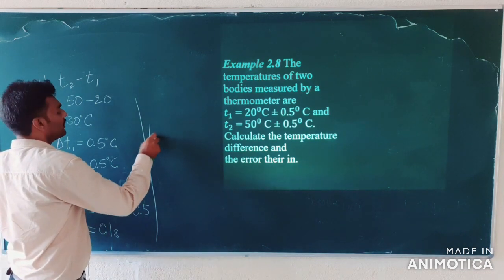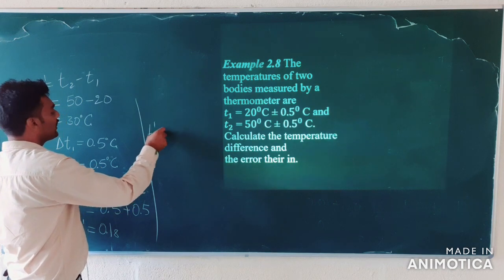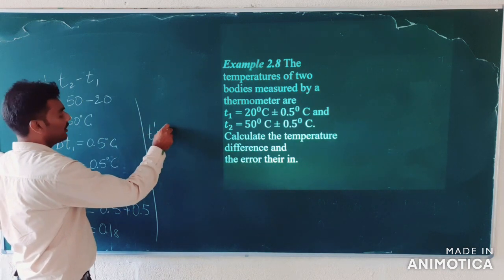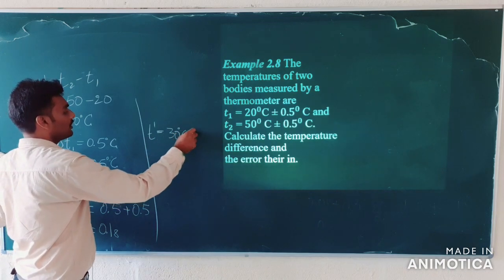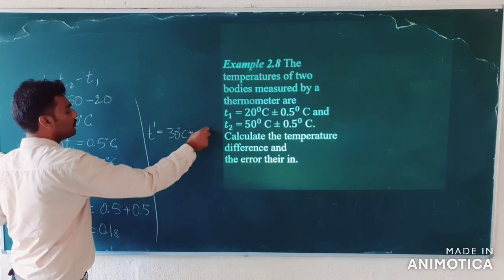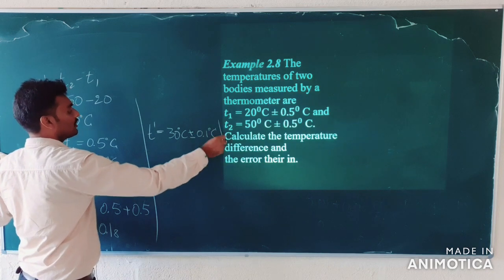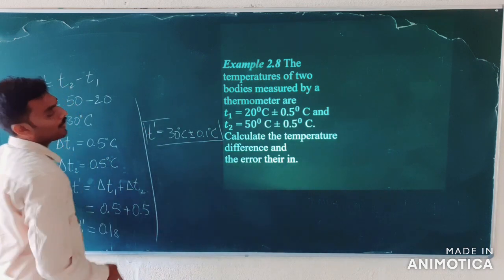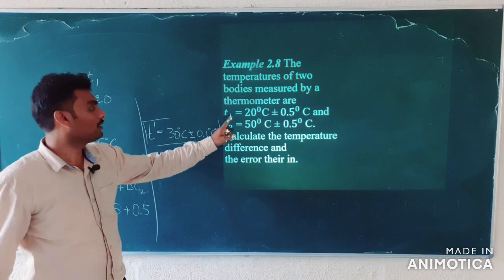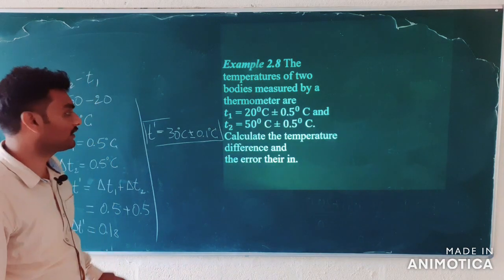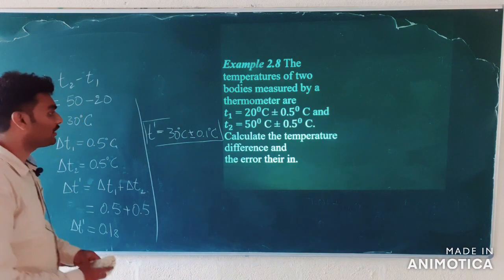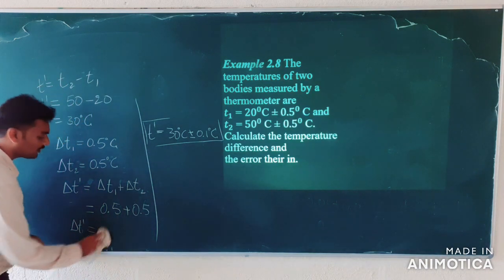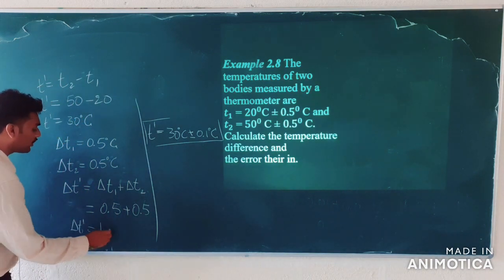So the final value of the difference shall be written as T dash is 30 degrees Celsius plus or minus 0.1 degree Celsius. Because T1 has an error of 0.5 degrees Celsius, T2 has an error of 0.5 degrees Celsius. I'm sorry, here 0.5 plus 0.5 is 1, not 0.1.